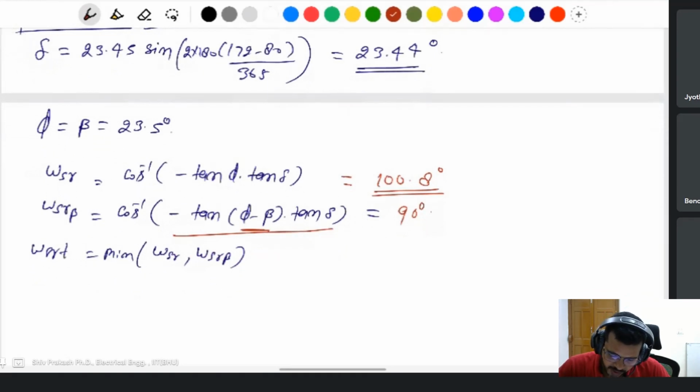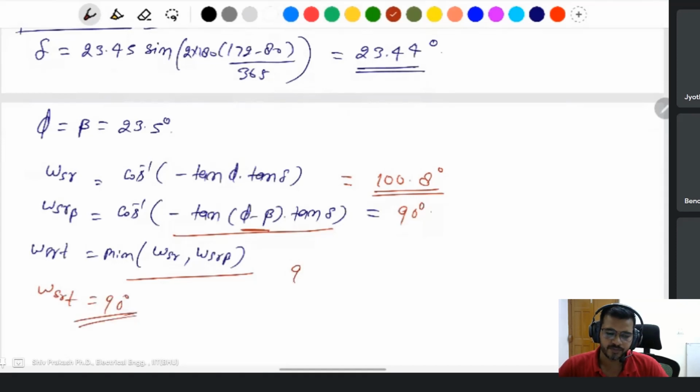Then the minimum of these is the 90 degree. Then omega SRT is 90 degree. It will be 1.57 in radian.